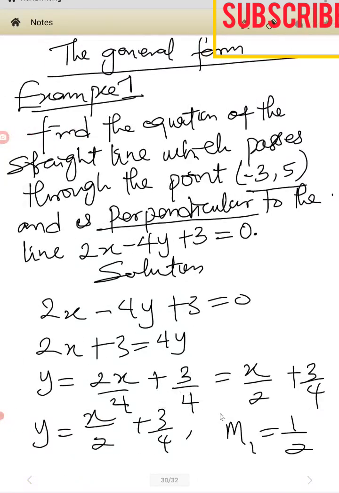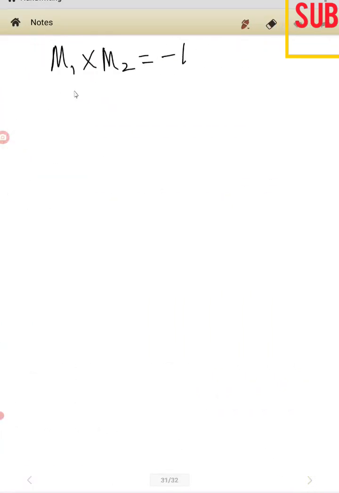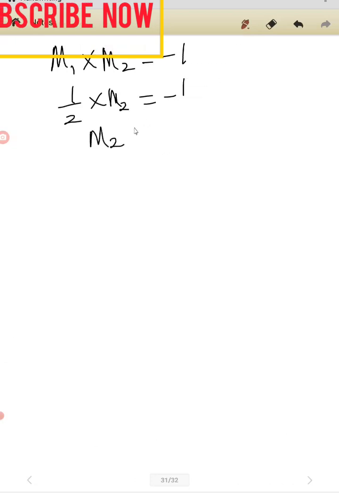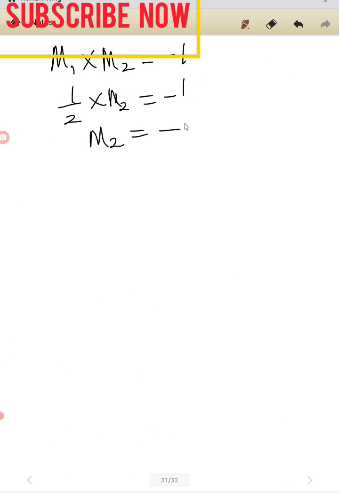We need the value of m2 now. We have m1 as 1 over 2, times m2, equal to minus 1. So m2 is minus 2.